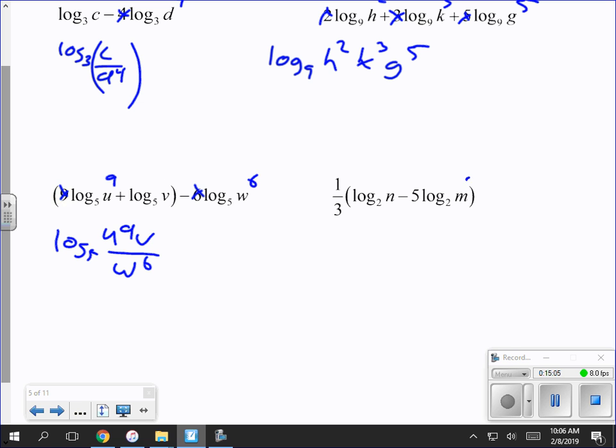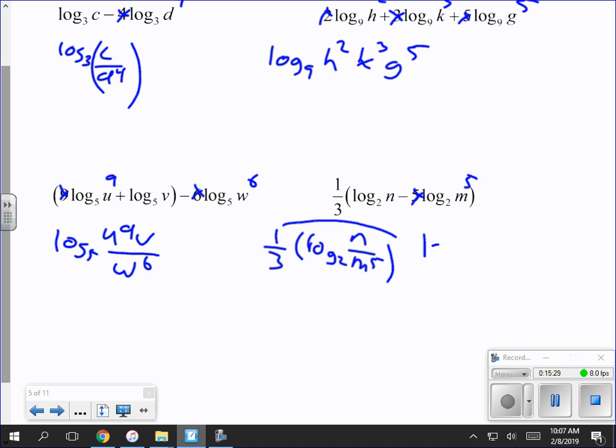This one, bring up the 5 first. I have 1/3 log base 2 of n over m to the 5th. Combine the logarithms first because the 1/3 is on the parentheses outside. Now I can take that 1/3 and bring it up.